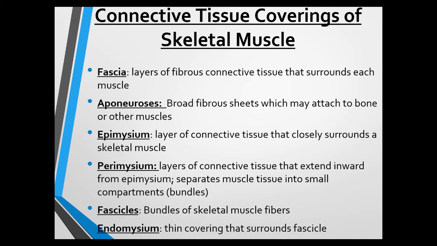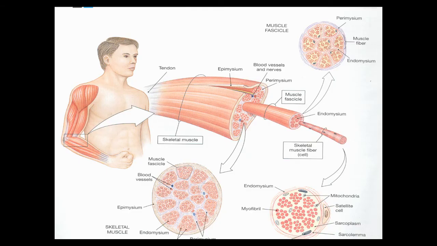So at the end of the muscle, all of the connective tissues intertwine and become that broad band, or the tendon or the aponeurosis. And you can see there the picture of everything. Okay, so the endomysium is going to surround the muscle cell. A bunch of muscle cells have a fascicle around it.